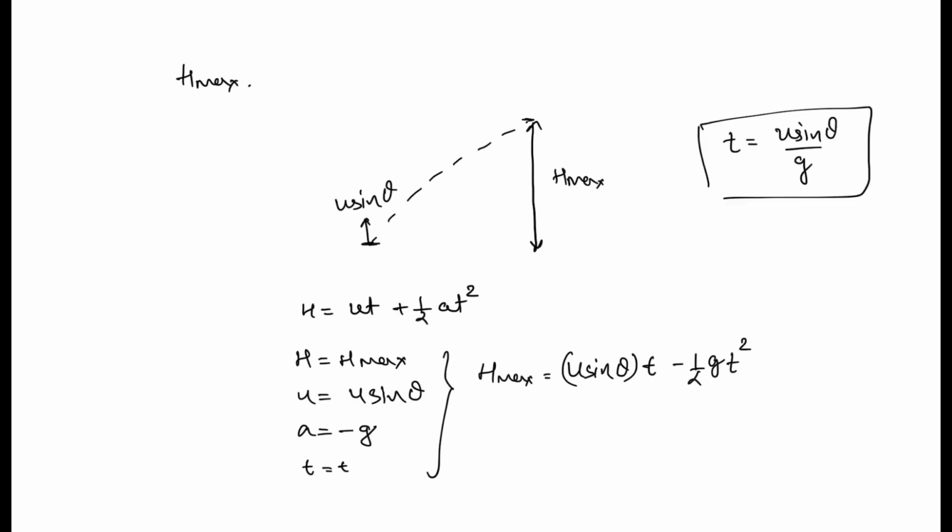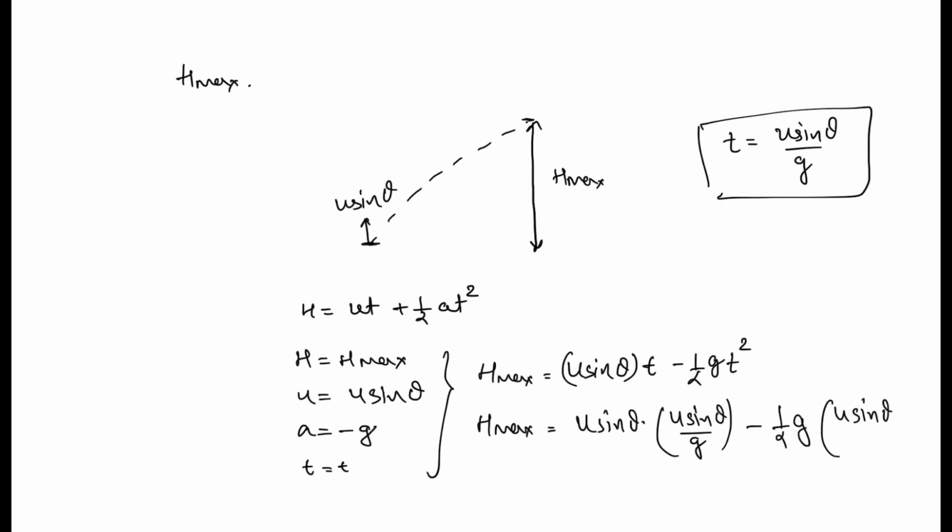You have to remember this. By putting this, h max will be u sin theta into u sin theta divided by g minus half g into u sin theta divided by g whole squared.